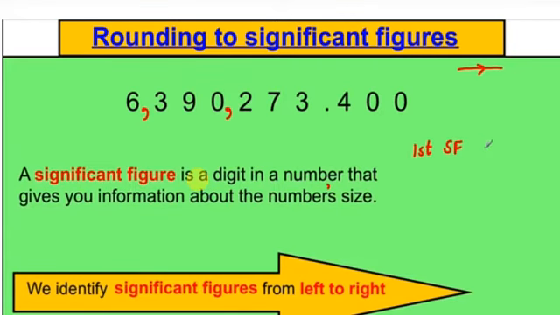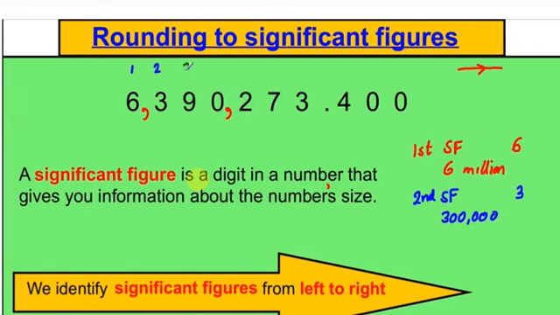The first significant figure in this case is 6, and that shows that there is a 6 million in that number. So the first is 6, the second is 3. That's the second significant figure, and it shows that there is a 300,000 in that number.